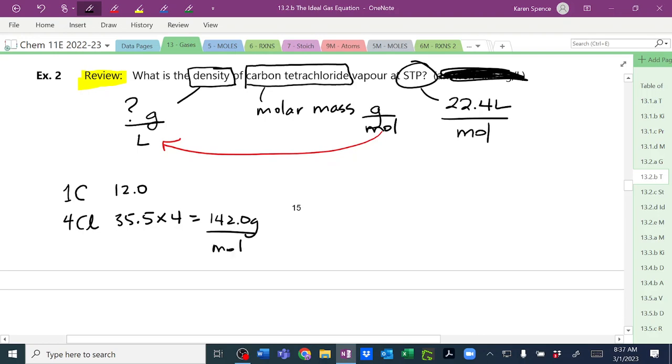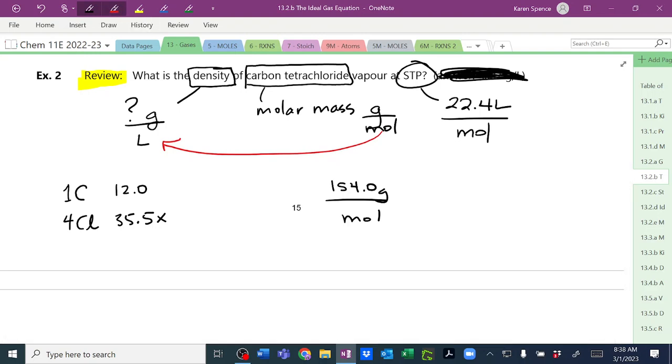Oh, but then we need plus 12. Whoops. 35.5 times 4 plus 12 equals, my apologies, 154.0 grams per mole. And we were asked to find the density.